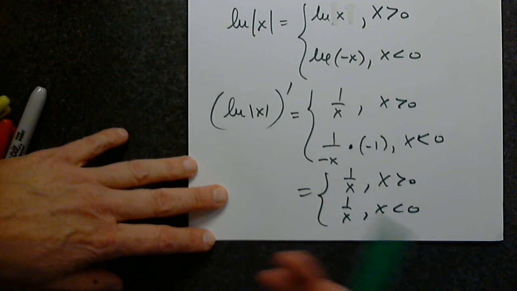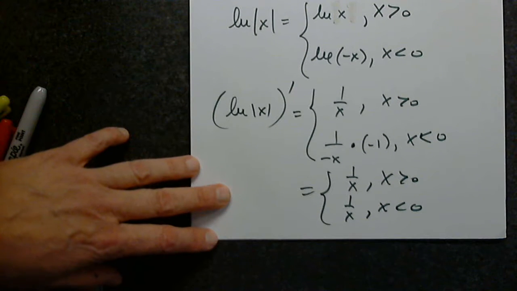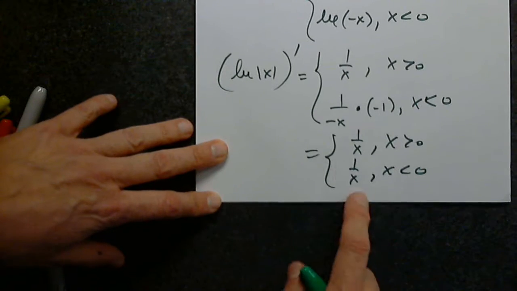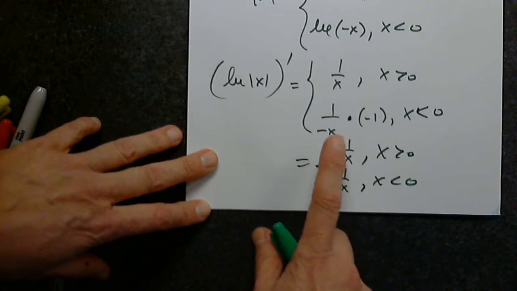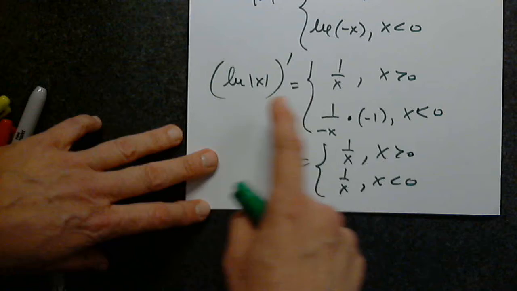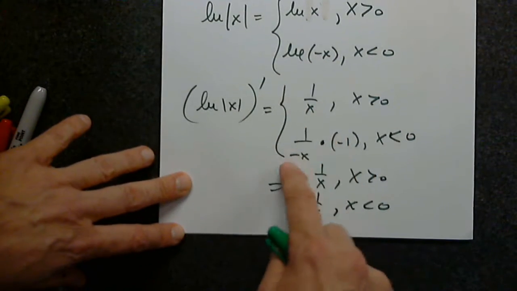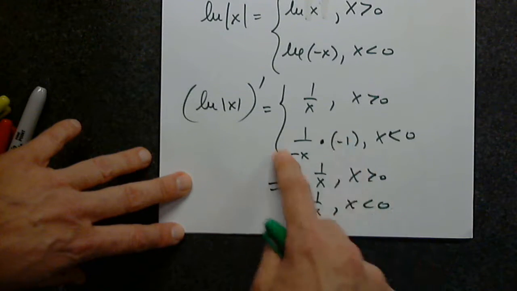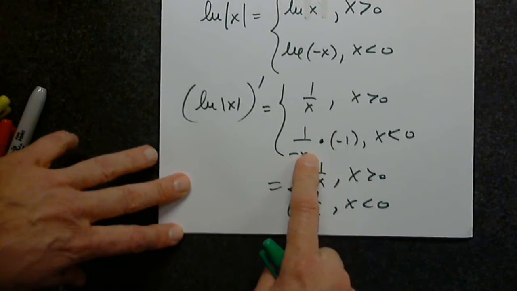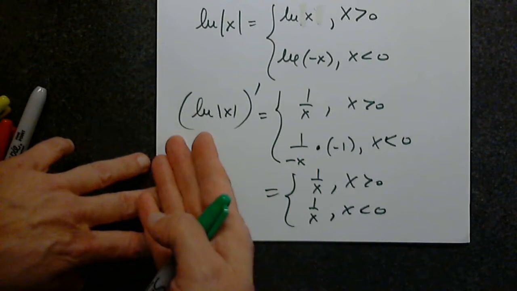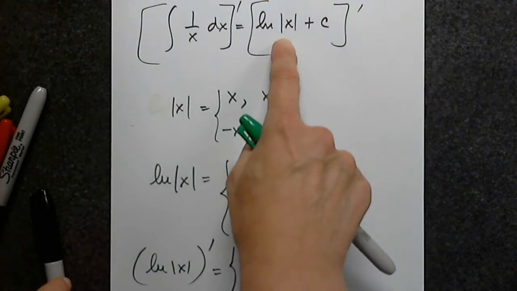Of course, the function doesn't exist at 0, and its derivative will not exist at 0. But when we differentiate natural log of negative x, it's 1 over negative x times the inner function prime, and we obtain the same answer. So that's why we always have to put the absolute value.